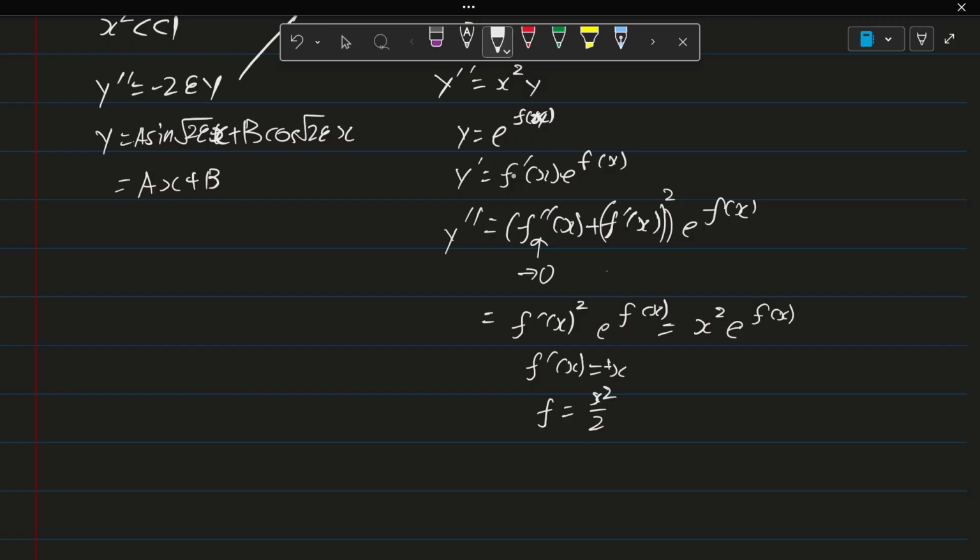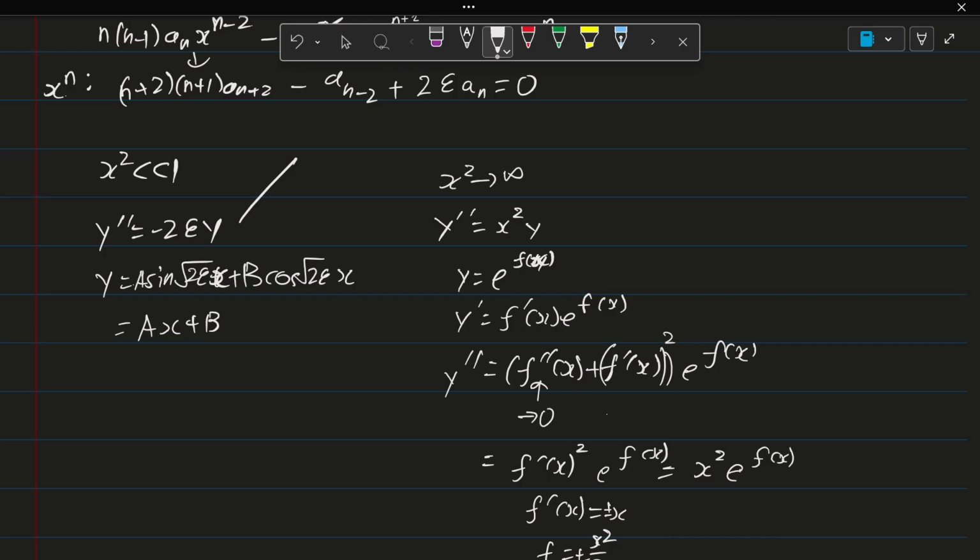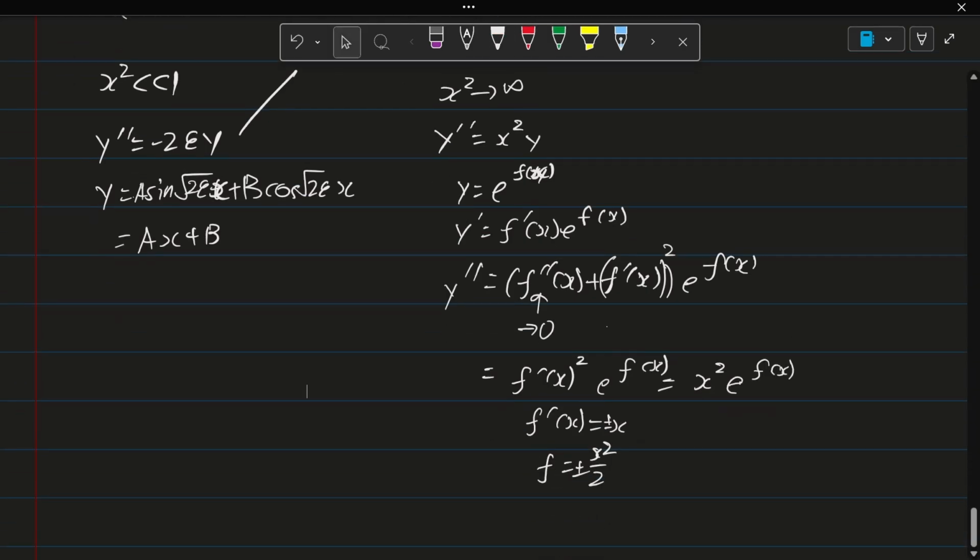This is a plus or minus, sorry, so this will be plus or minus x squared over 2. Now what we observe is that at the endpoints, our solution is hopefully a constant multiplied by e to the power of x squared over 2. Then you also multiply this by something which, if it goes to 0, is a linear equation. So we could just guess a solution: maybe u times e to the power of x squared over 2 could be a solution.